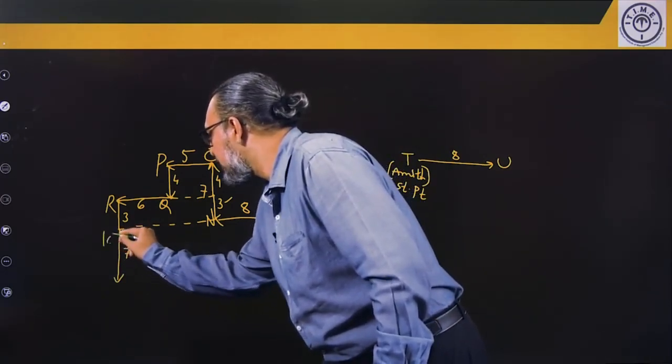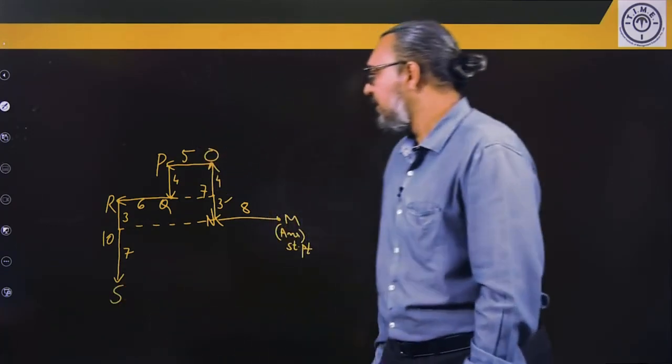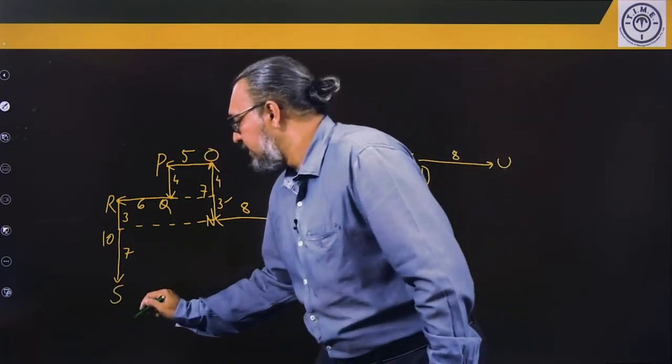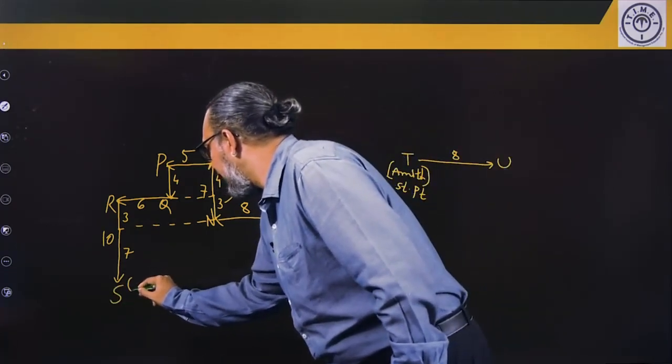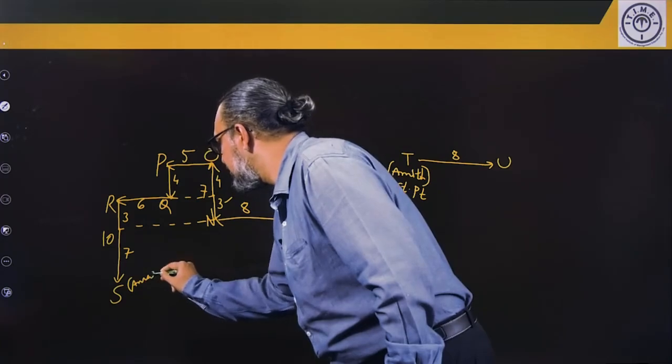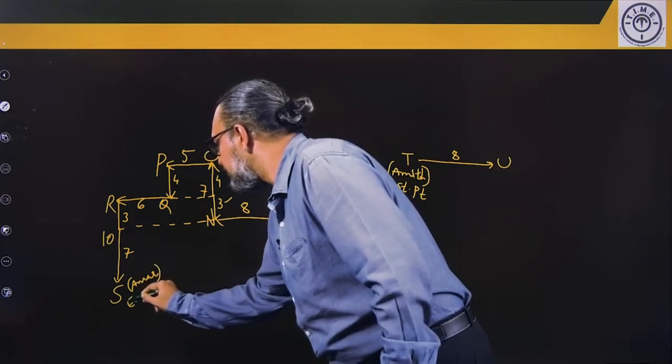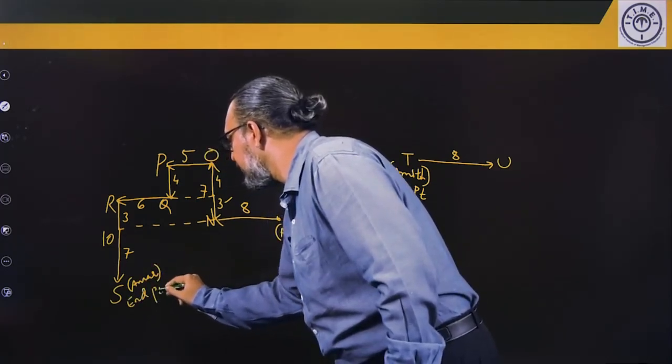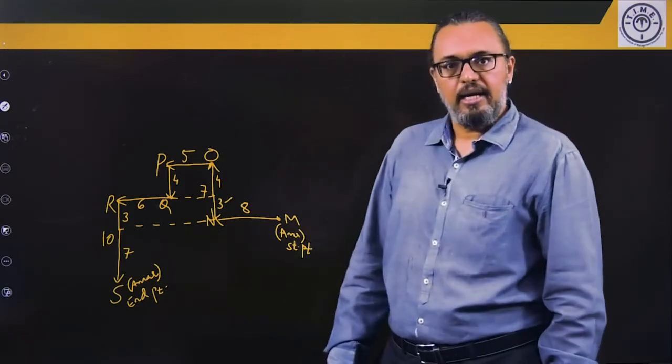So total becomes 10 to reach S. So this is identified as Amar's endpoint. Are you understanding that?